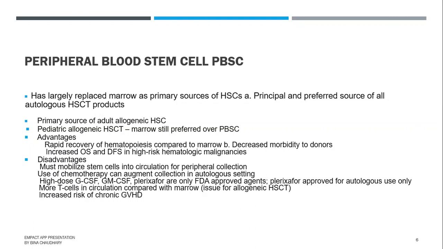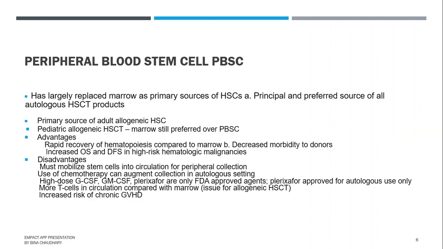We mostly use this for adult allogeneic transplantation, and for pediatric allogeneic too, but not as much; in that case we prefer marrow over PBSC. The advantages of PBSC are that hemopoiesis recovers faster compared to marrow, it decreases morbidity to the donor, and it increases overall survival and disease-free survival in high-risk hematologic malignancies.